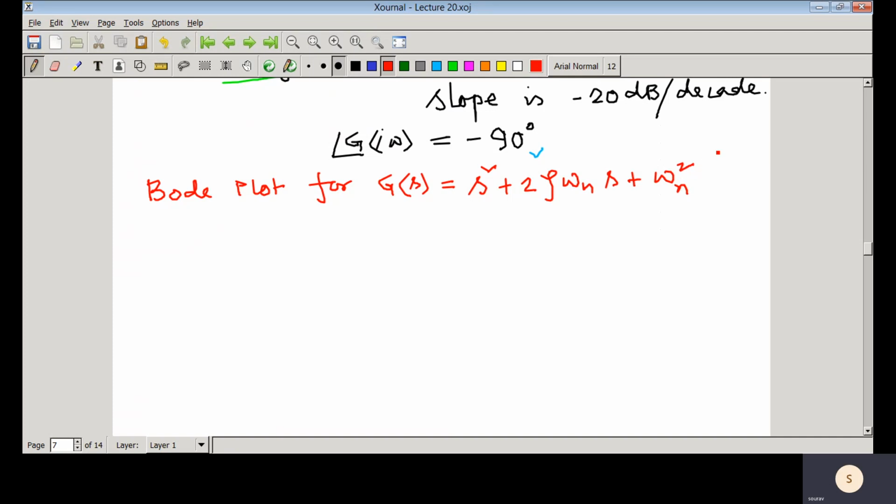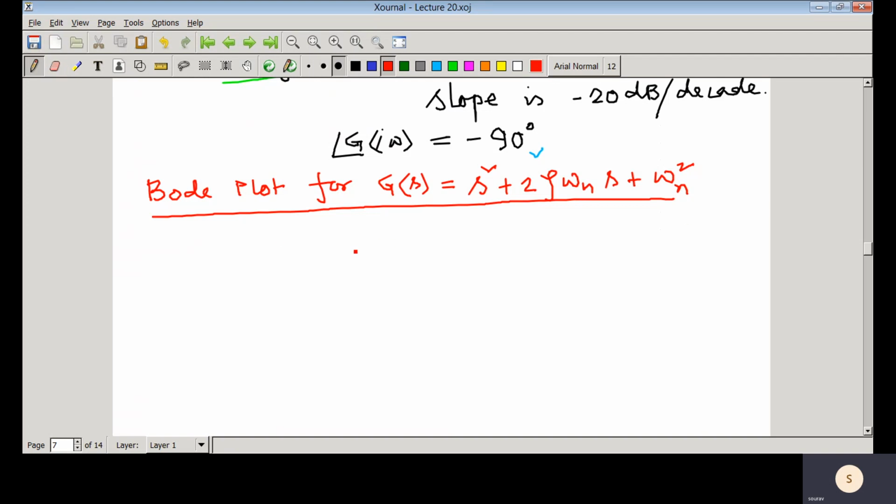And here that omega n square, omega n is the natural frequency, and that zeta, that is the damping ratio. So let us see what would be that asymptotic Bode plot for this particular factor.